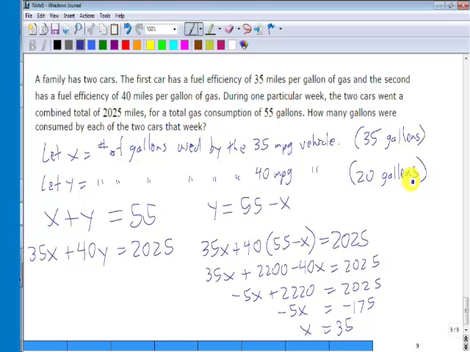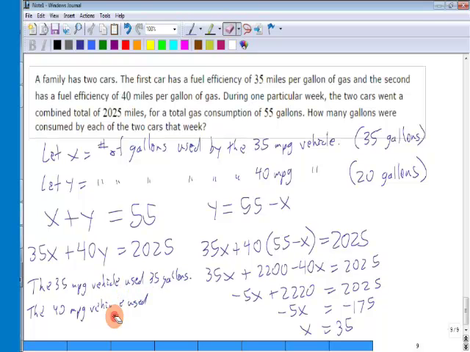So if we're saying this, and maybe I have room, the 35 mpg vehicle used 35 gallons, and the 40 mpg vehicle used 40 gallons of fuel. No. What do we say 55 minus 35 was? 20 gallons of fuel.